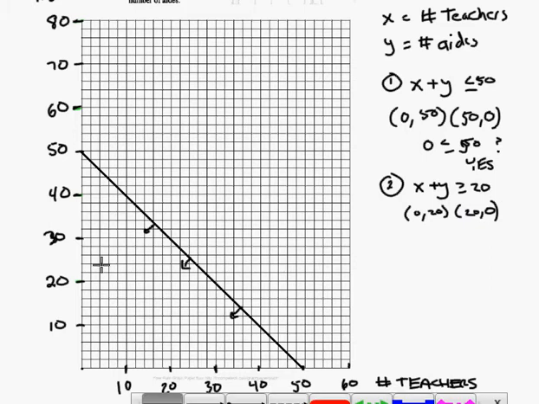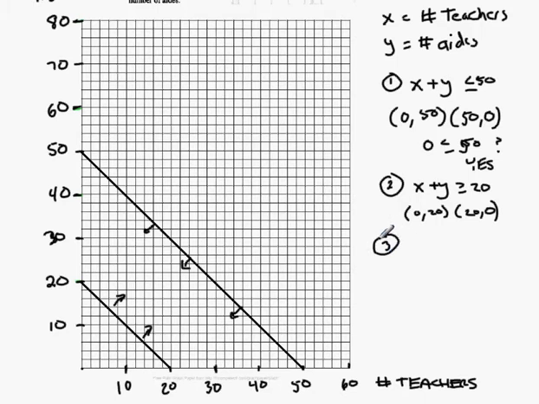So I again draw a line from 0, 20 to 20, 0. And this time, the shading is in this direction. So if I had to find a common shaded region right now, it would look like a parallelogram, or actually a trapezoid. Okay, let's keep going here.